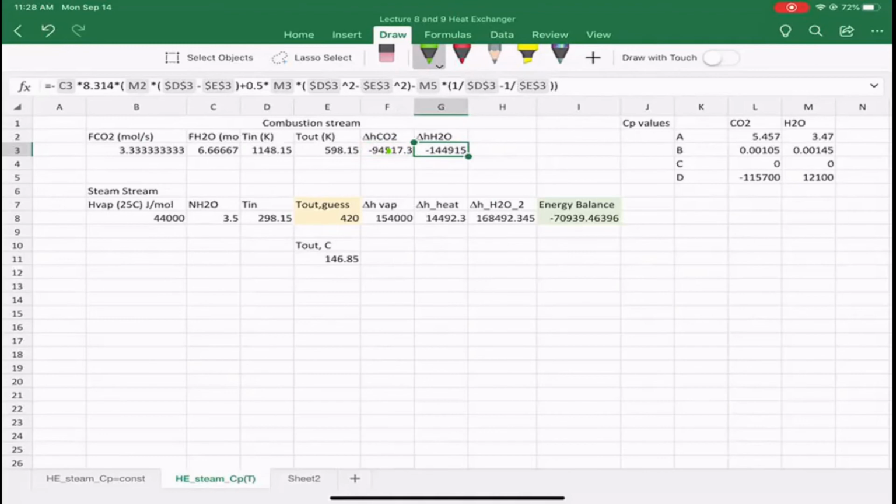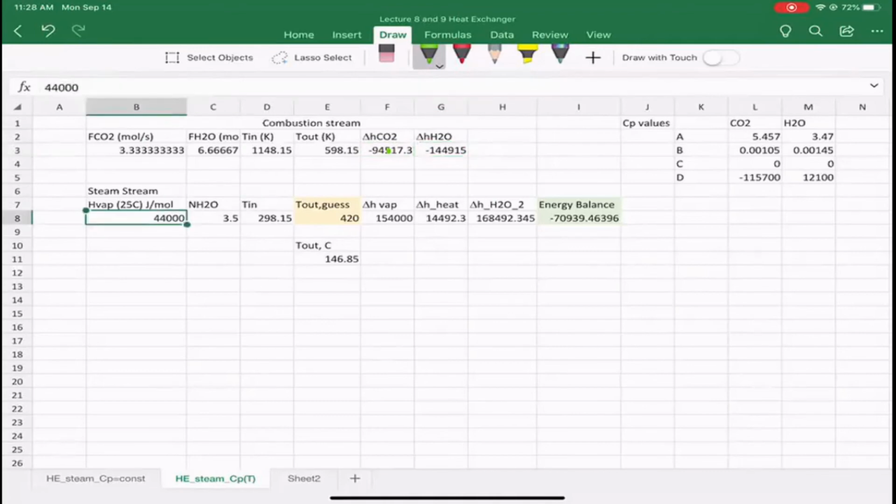And then the blue stream, where we have steam coming in from, or water coming in from the river, we have delta H of vaporization, which isn't affected at all by our assumption about the heat capacity. And then we have 3.5 moles of water per second. And then we have our initial temperature coming in.